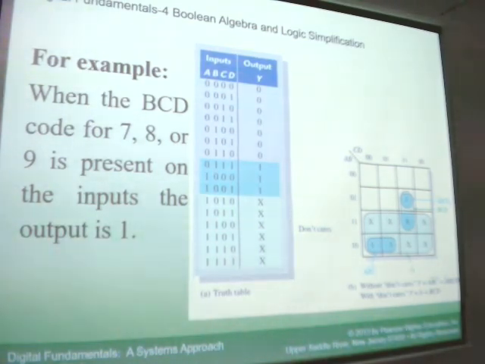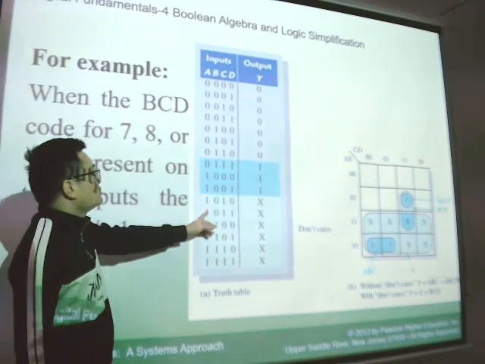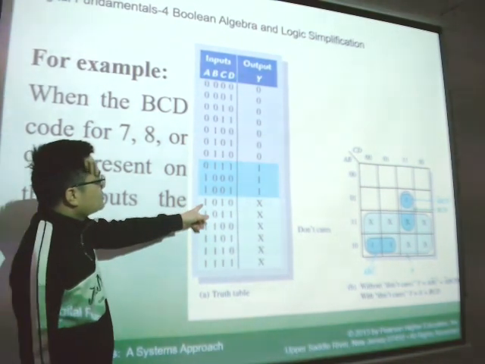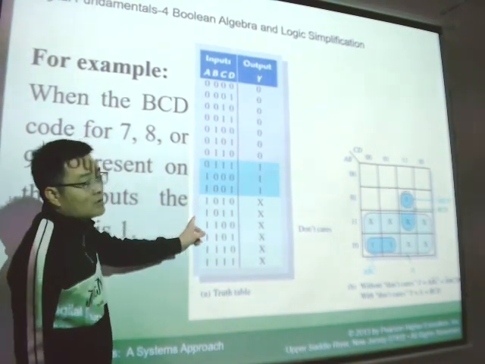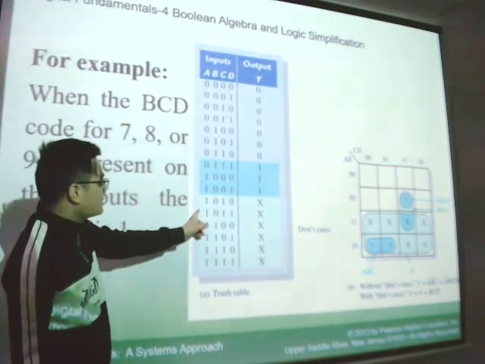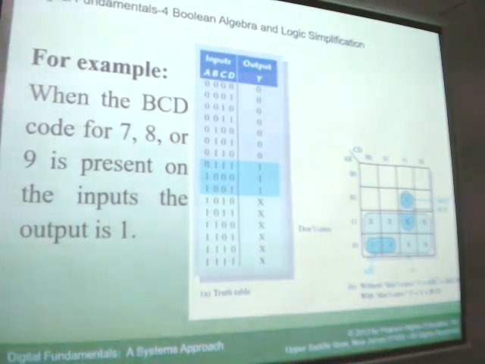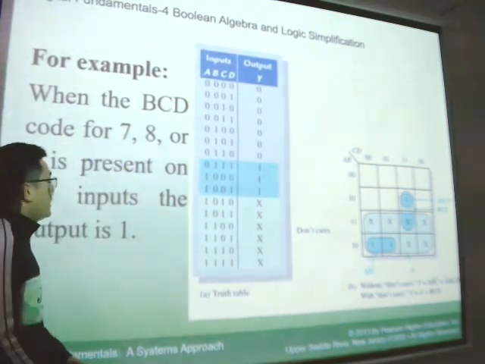For BCD codes, the inputs do not include 6 combinations. The 6 combinations are not included in the BCD code.